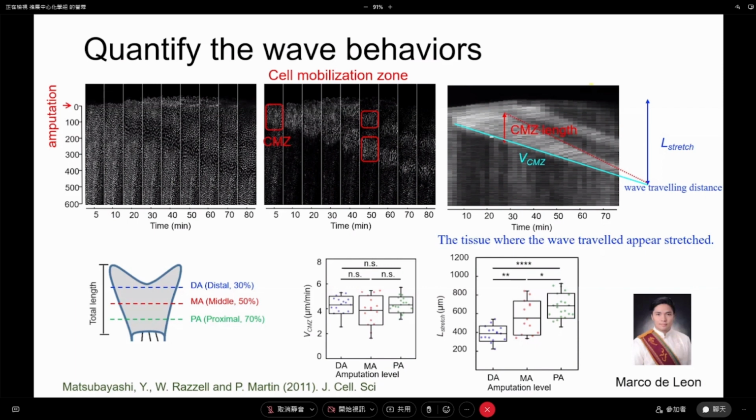We found that the wave speed is independent of how much tissue we remove, but the more we remove the tail fin, the longer the wave travels, okay? And we made several experiments to show that this wave transmission is through mechanical coupling.